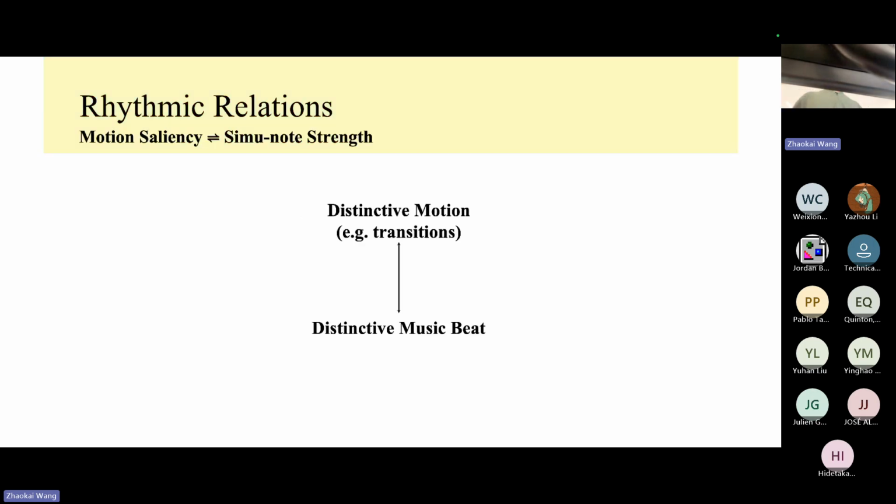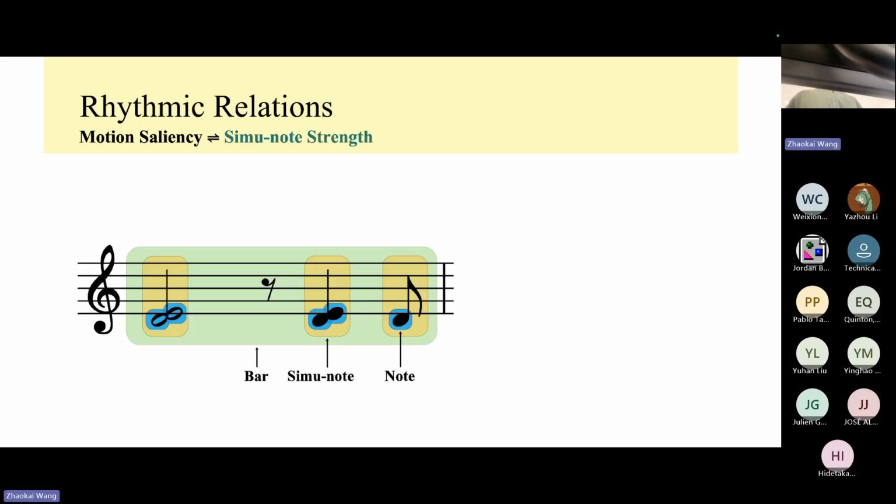And the second one is the motion saliency and seminode strength. This is another intuition: if the video has distinct motions, like transitions between scenes, then you want the music to have distinctive music beats. The strength is defined as the number of notes in a seminode, which is 2 in this first seminode.